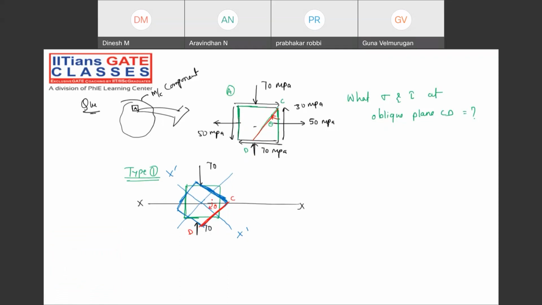Either you say it like this or like this, both the problems are the same. On this plane, which has been rotated by the angle theta with respect to horizontal, that we need to find. Initially, it was something like this, but now when it is rotated, this will become y dash and this will become x dash.